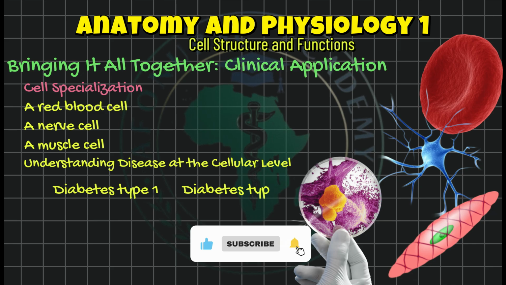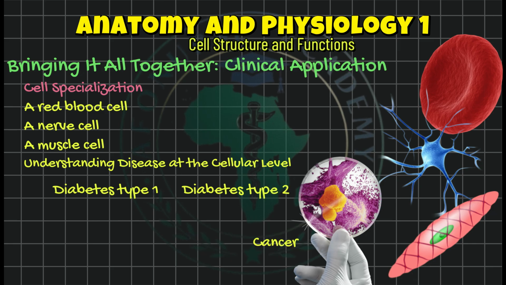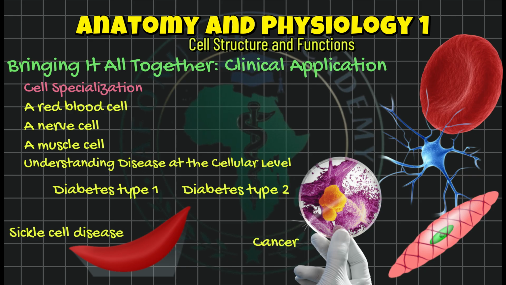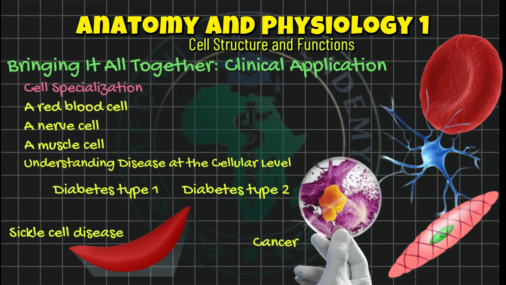Diabetes type 2 involves cells becoming resistant to insulin signals, often due to problems with receptors on cell membranes. Sickle cell disease, which is particularly relevant here in Africa, involves a mutation that causes red blood cells to become sickle-shaped, leading to pain and organ damage.